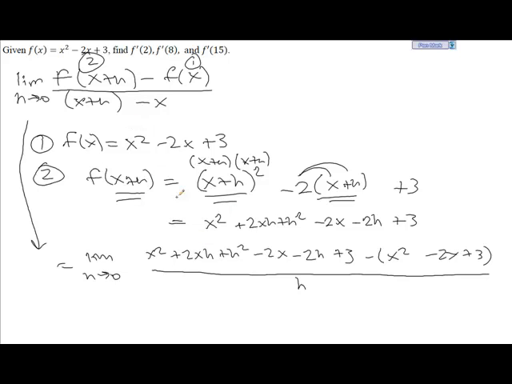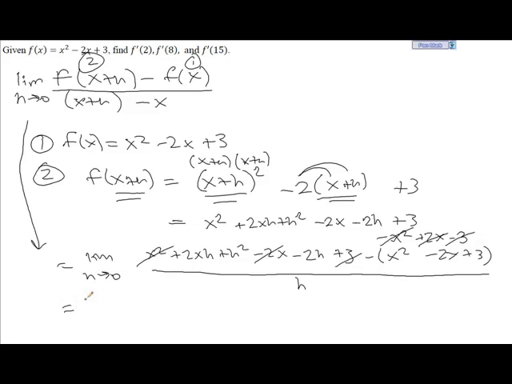So x squared, negative 2x, positive 3, because really all I do when I write it down is distribute the negative sign. That switches the sign to the opposite, and so now I cancel x squared with negative x squared, negative 2x with positive 2x, and positive 3 with negative 3.